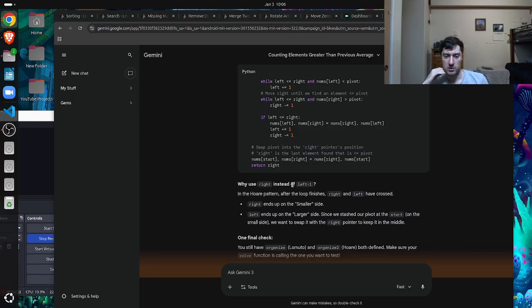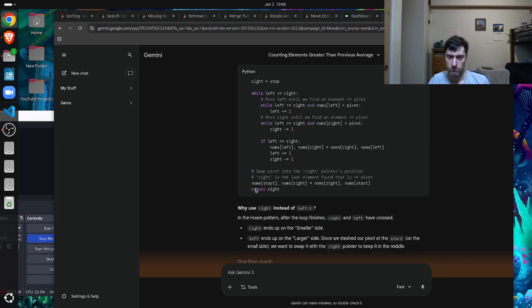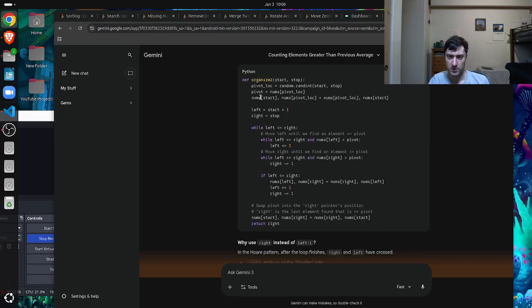Right ends up on the smaller side, left ends up on the larger side since we stashed the pivot. I have no idea.